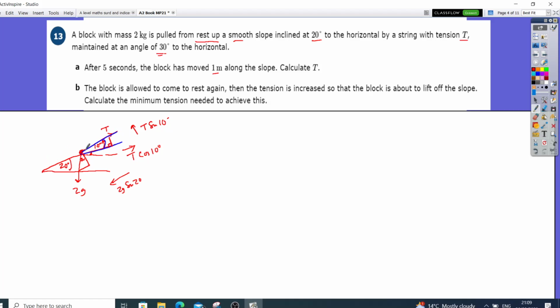At the moment we just need to know what's going along the slope, which is being pulled along with this T. So I'm going to use Newton's second law, which is force equals mass times acceleration.